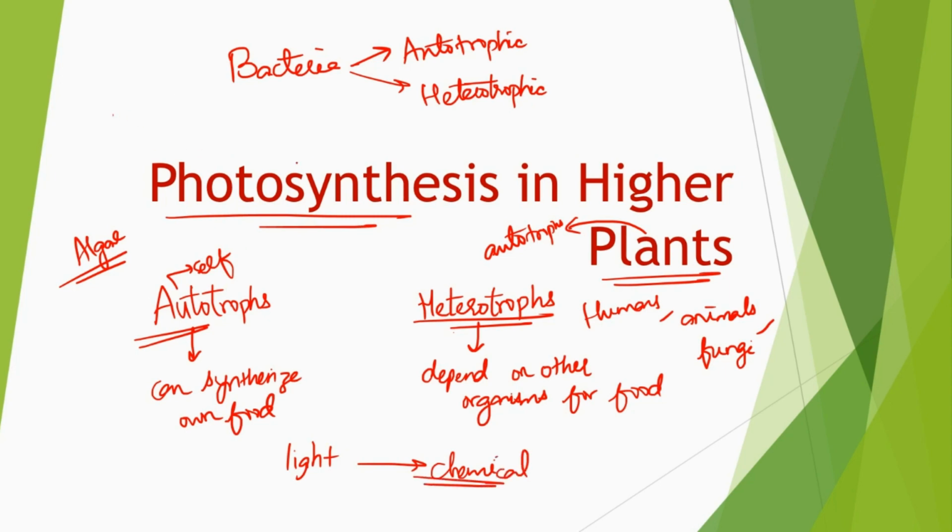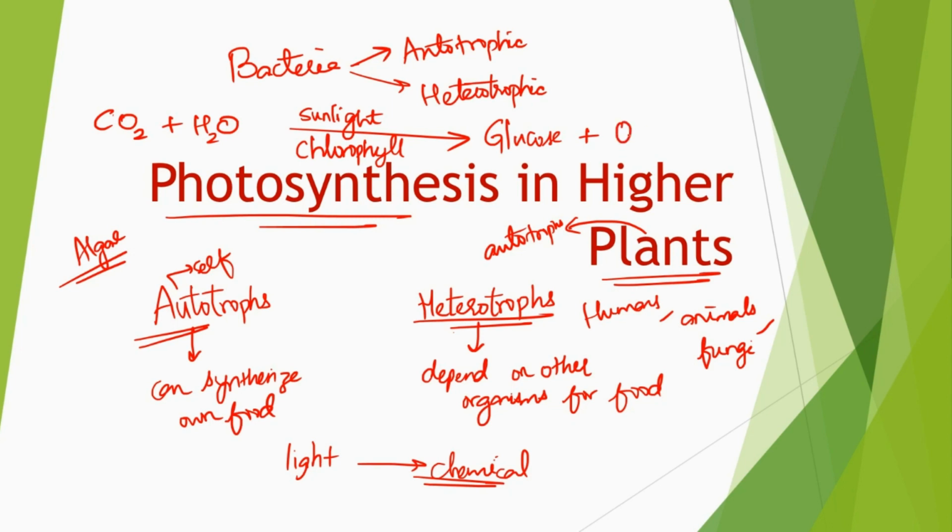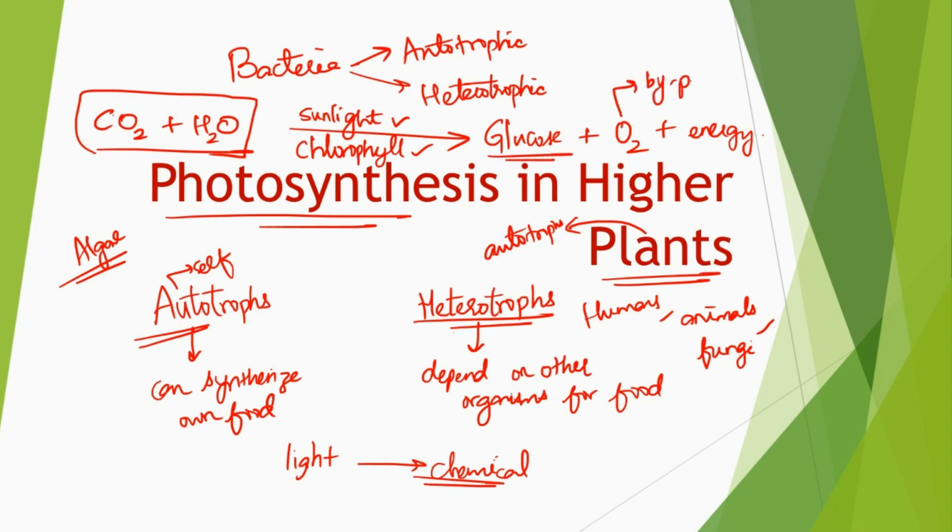The raw materials required for photosynthesis are carbon dioxide and water, in the presence of sunlight and chlorophyll, the green color pigment in plants, giving rise to glucose with release of oxygen and production of energy. So glucose is the end product, and oxygen is the byproduct.